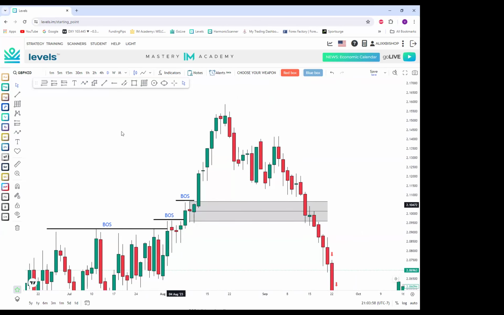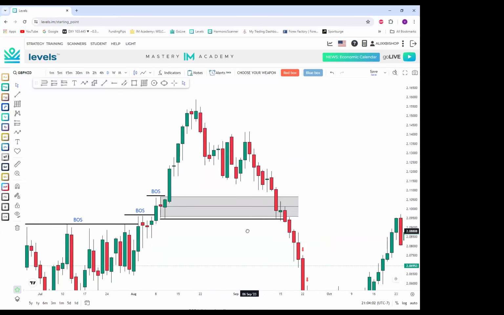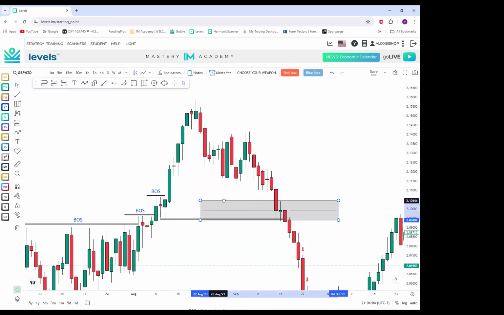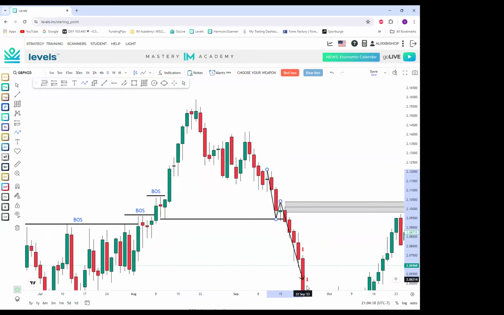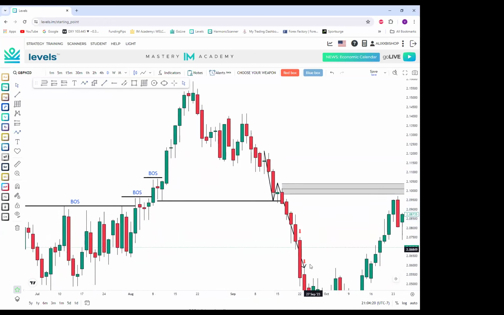And we actually violate and we get a change of character. Okay? So look at this. This is now my starting point for sales. Why? Because we got a rally breakout here. Notice how this rally didn't break structure. We had to pull back and get extra force, and then boom, we get a nasty rally breakout to the downside.